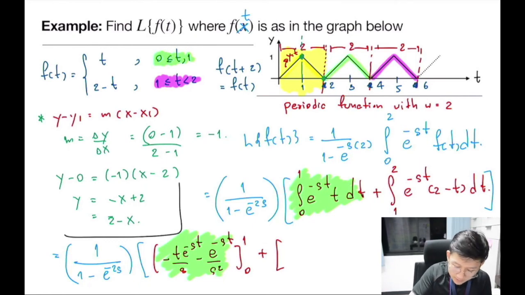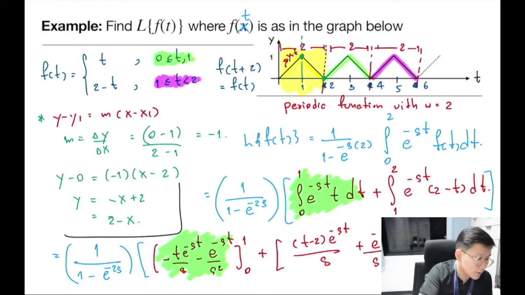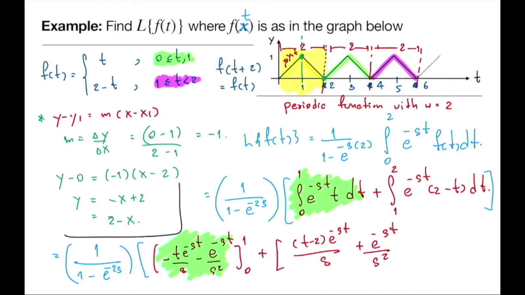And after that, the other one becomes t minus 2 times e to the minus st divided by s, plus e to the minus st divided by s squared, and then you substitute 1 to 2. This integration becomes this.